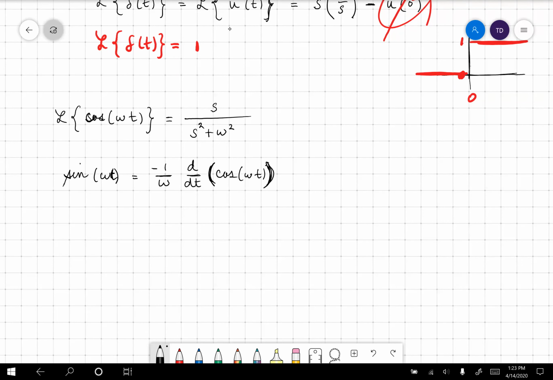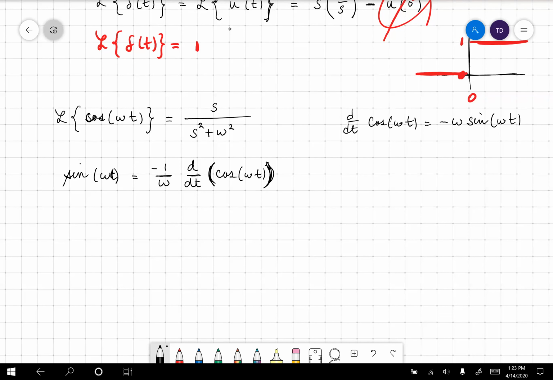We take the derivative of the cosine, we get a minus the sine, but that omega comes out front. So what we're saying is d/dt of cosine of omega t is equal to minus omega sine of omega t. So solving for sine of omega t, I just divide both sides by minus omega.